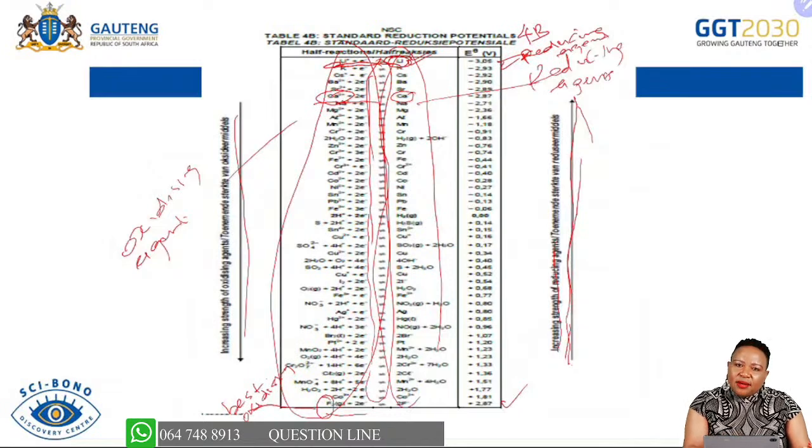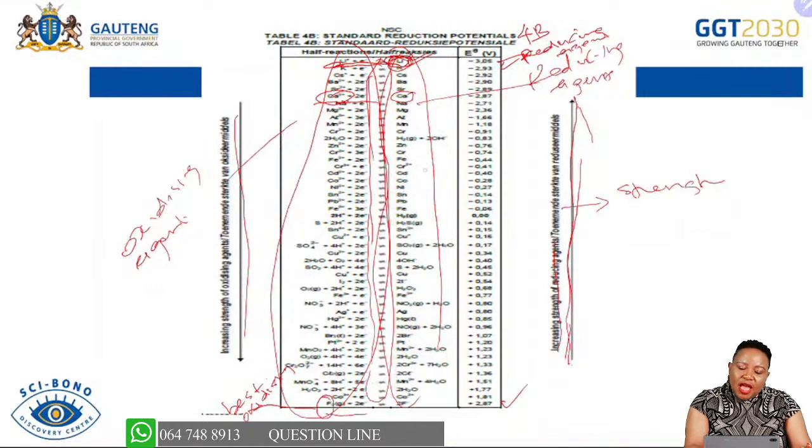What will determine the half cell undergoing oxidation is nothing but the strength of the oxidizing and reducing agent. So we know that lithium is the strongest reducing agent, meaning that everything that follows lithium will be weaker than lithium in terms of reducing strength. Therefore, when we go down, we will know that the reducing strength is decreasing.